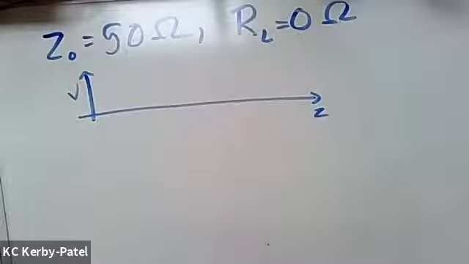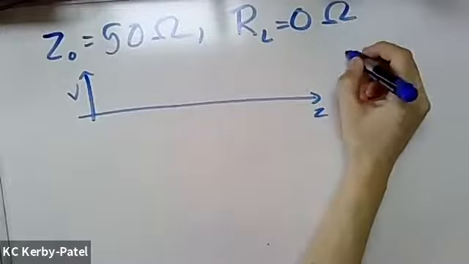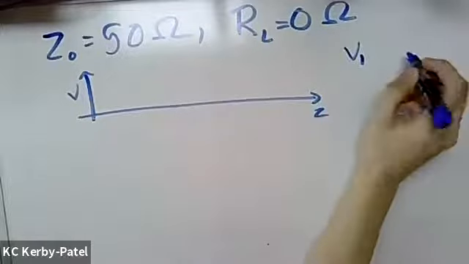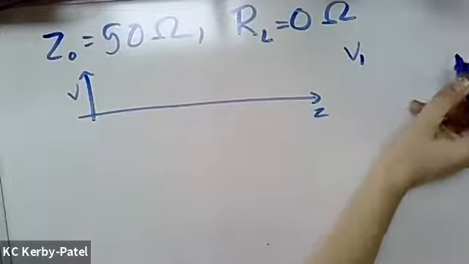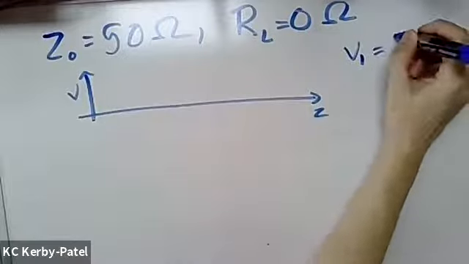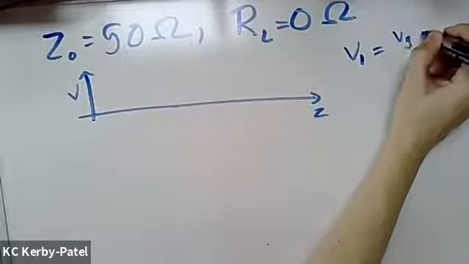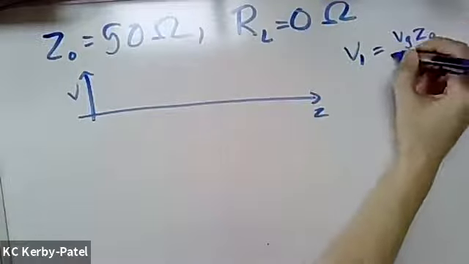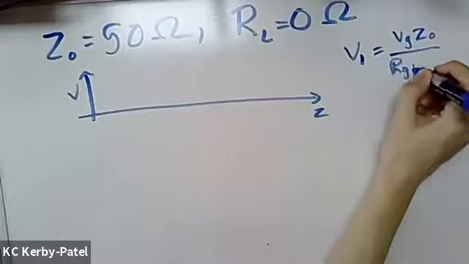Before the incident voltage wave arrives at the load, right? We've got V1 has some amplitude. I didn't give you a generator voltage or anything here, but the amplitude of V1 is just going to be VG times Z naught divided by RG plus Z naught.